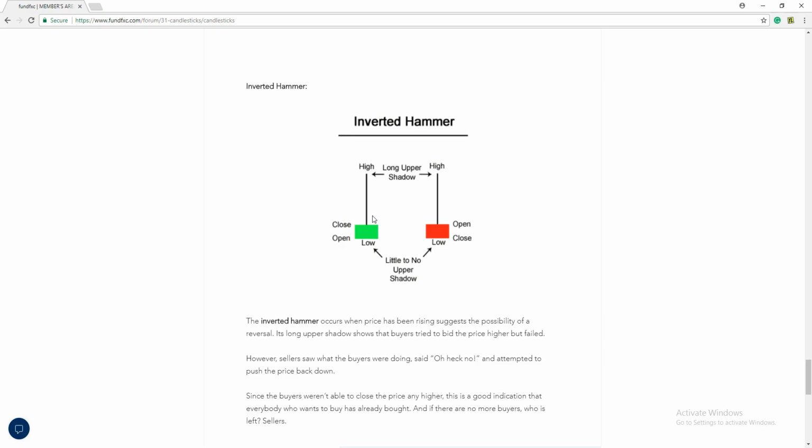As with the previous hammer, it does not matter about the actual color. It is the structure of the inverted hammer that is important. It can be green or red, as long as the structure is telling us they want to go down. Must remember what happened here.